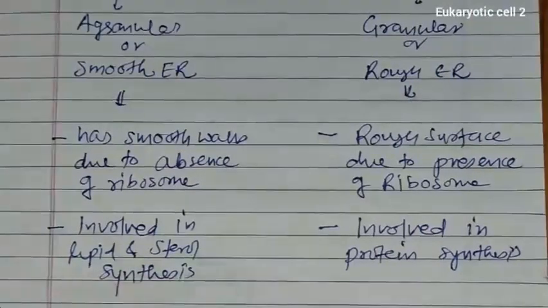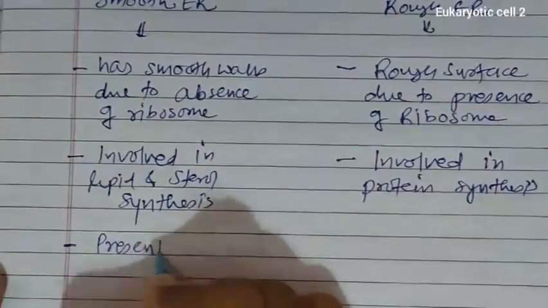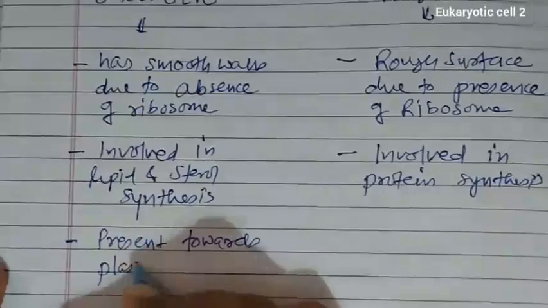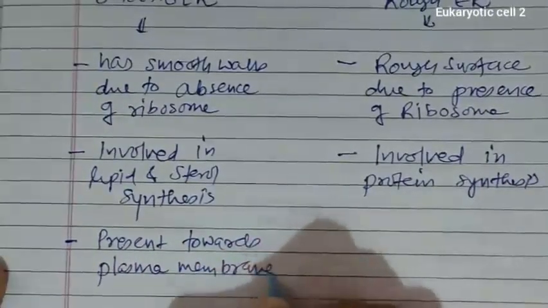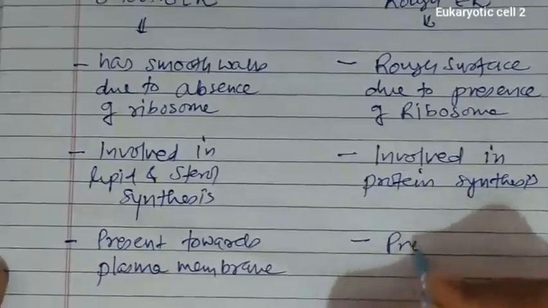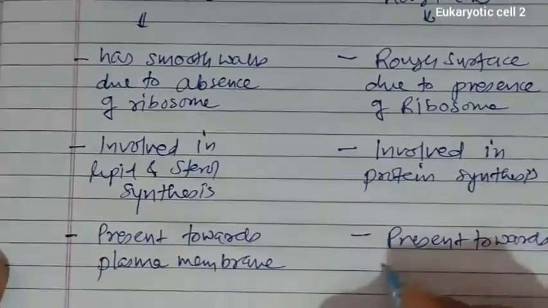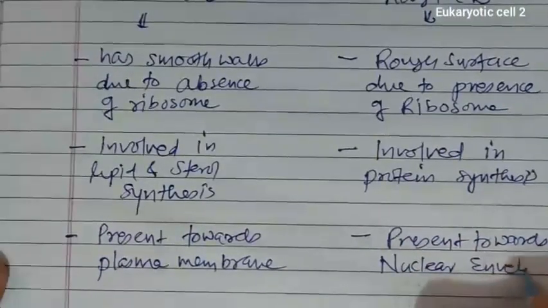This smooth endoplasmic reticulum is present towards the plasma membrane, and this rough endoplasmic reticulum is present towards the nuclear envelope.